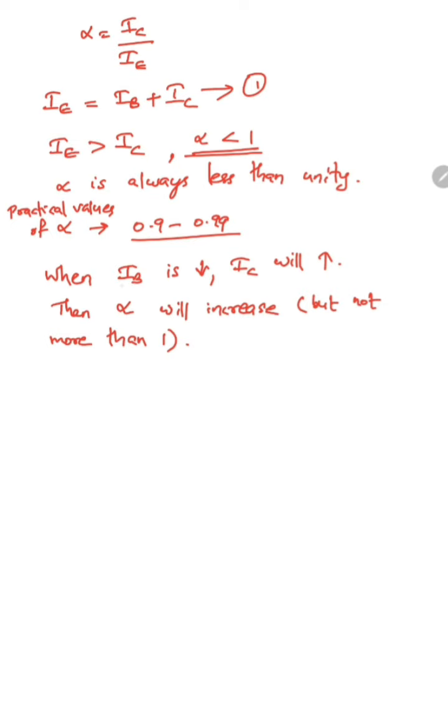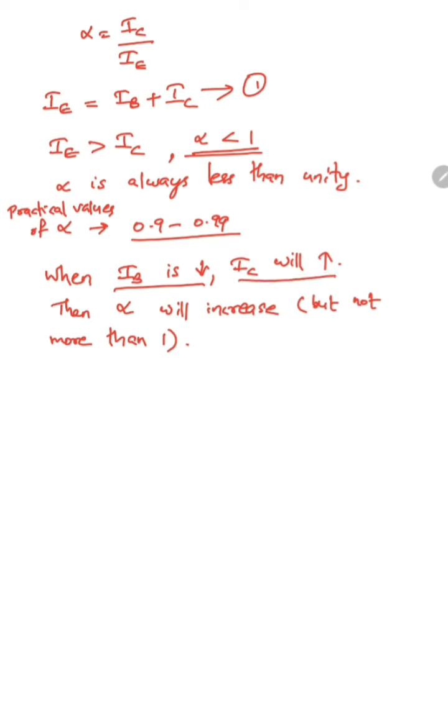So how can you decrease the value of IB? IB can be decreased by making the section of base very thin and lightly doped, so that it will not recombine with holes and the base current will decrease. If base current is decreasing, then collector current will increase, because more charge carriers, more electrons from the emitter, will flow towards the collector.